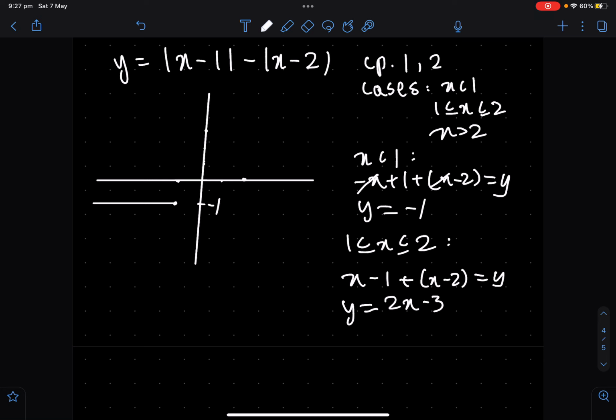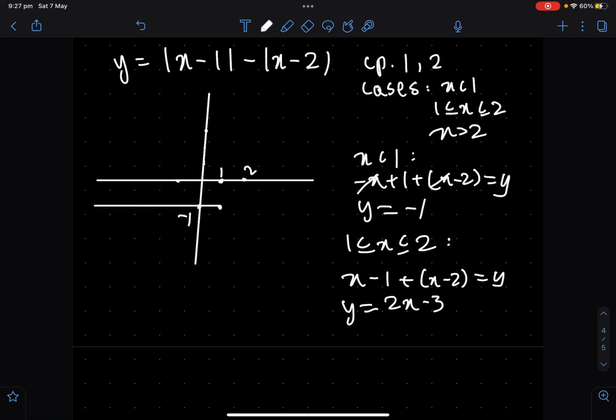Oh, sorry, my mistake. This first function was actually wrong. It would have been past the y-axis at the x value of 0, so we have negative 1, and from here, this is a y value of 1, and our next function is a y value of 2.